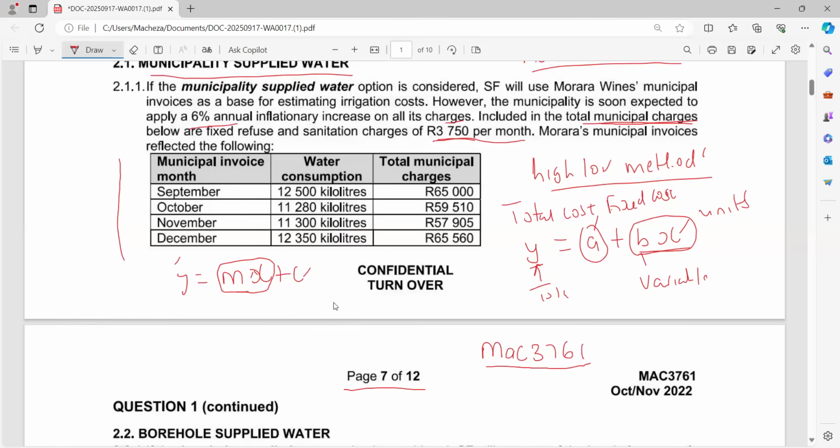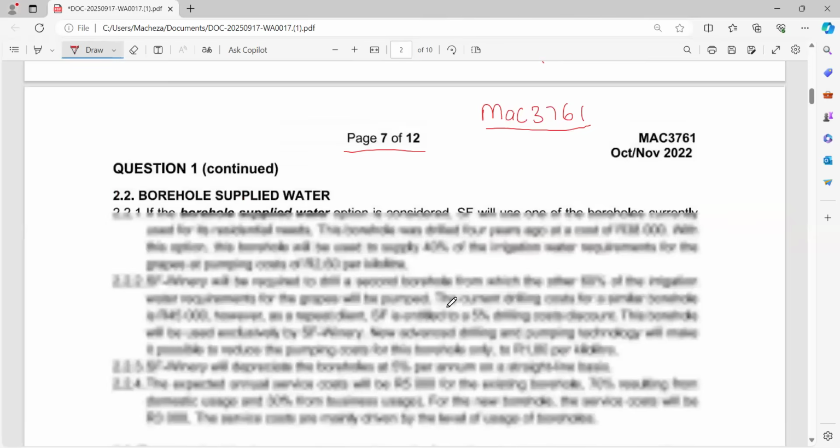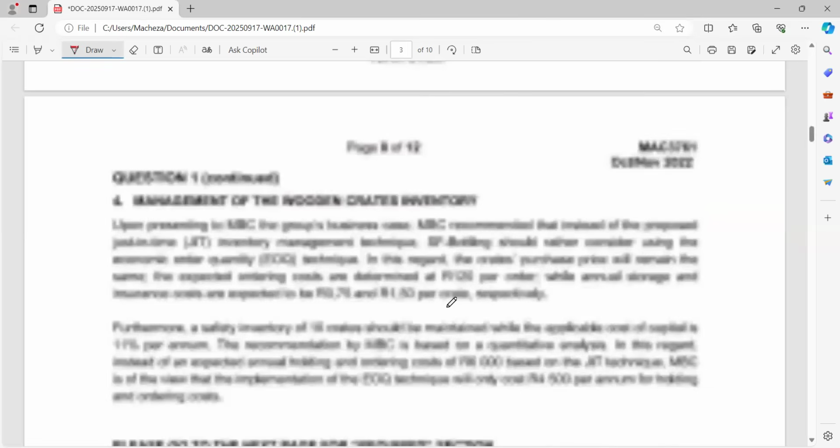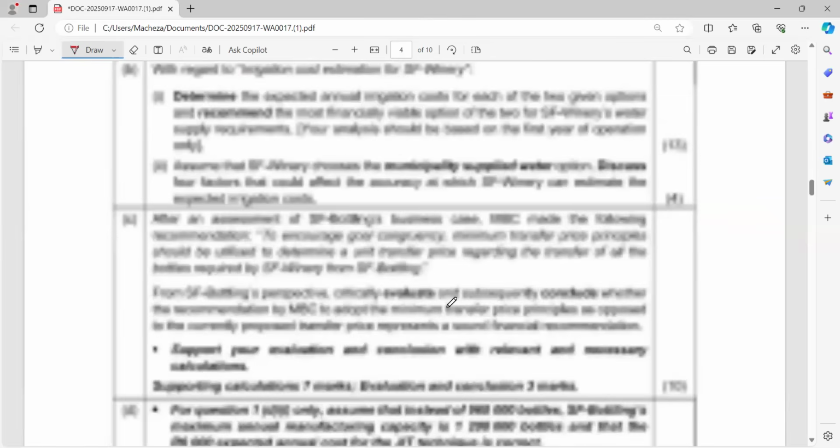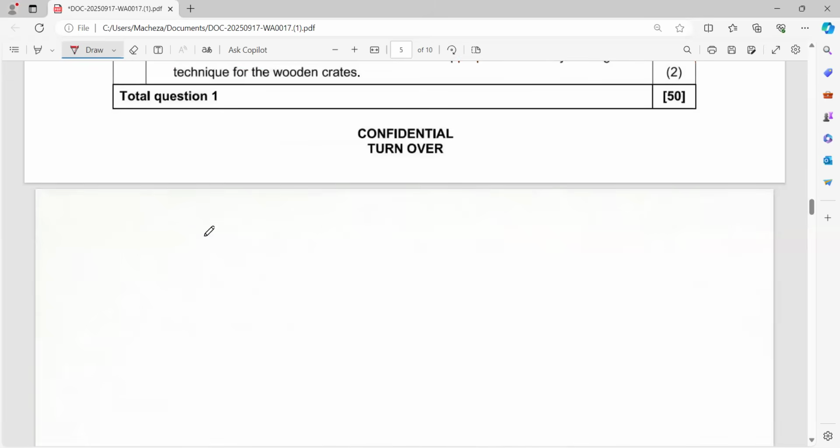So that's basically how you answer this kind of question. So let's see, how do we put it on paper? This is going to be our B. In B, we want to determine and advise on which water supply is suitable.